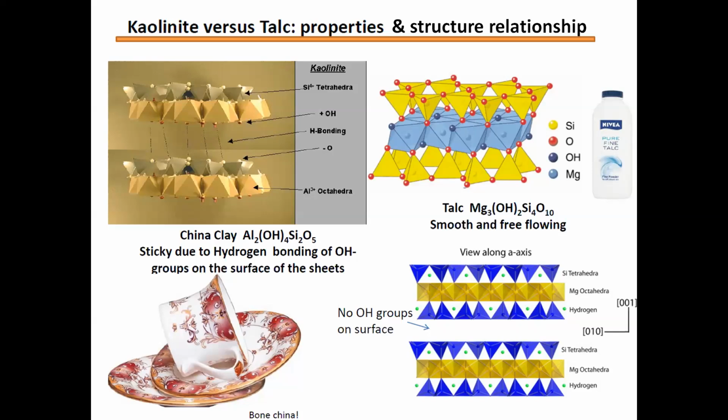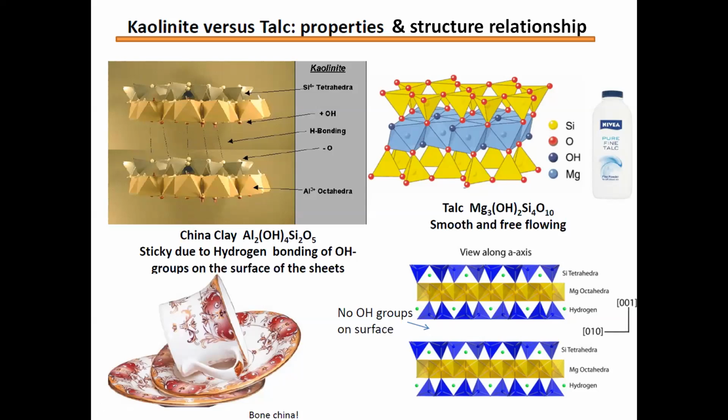Now, because this structure is like this, there are no OH groups. In this case, the charge is already balanced, and there are no OH groups in the layers.